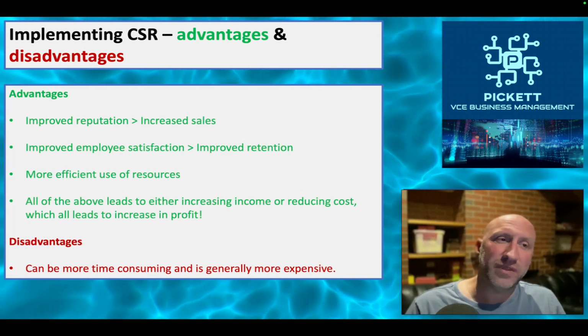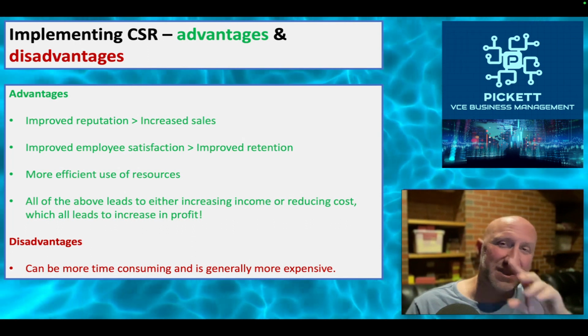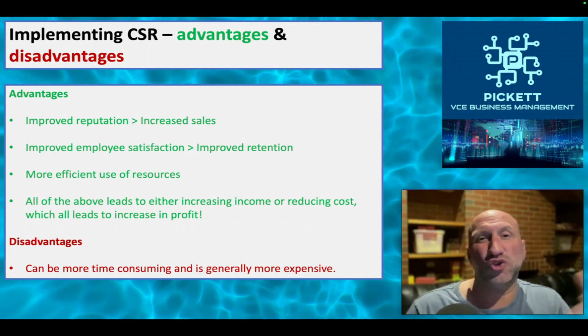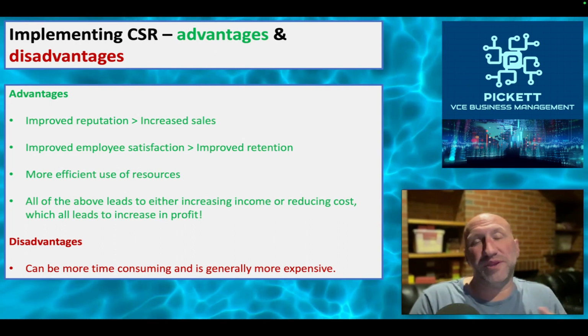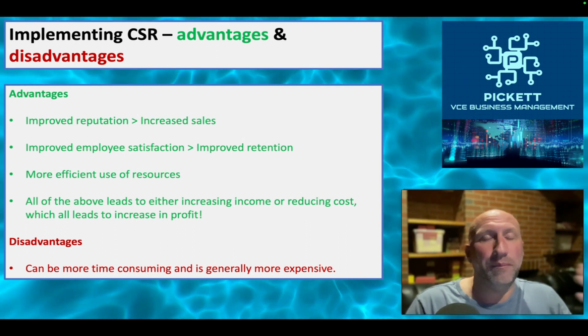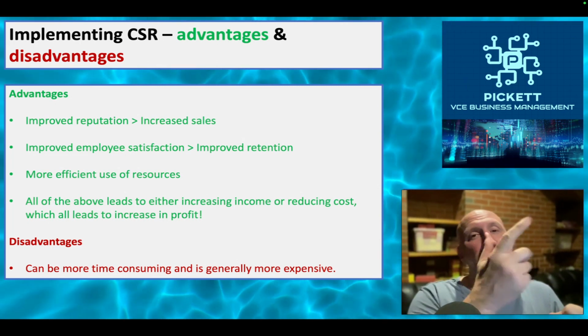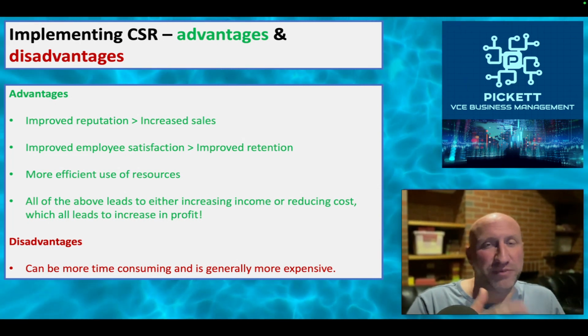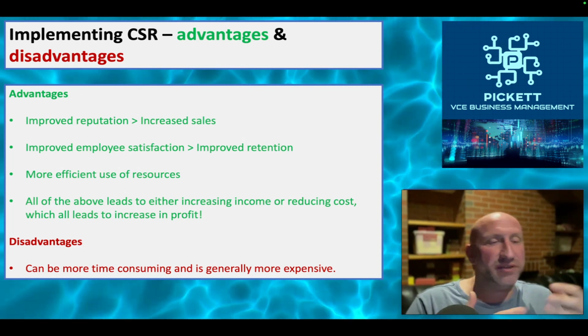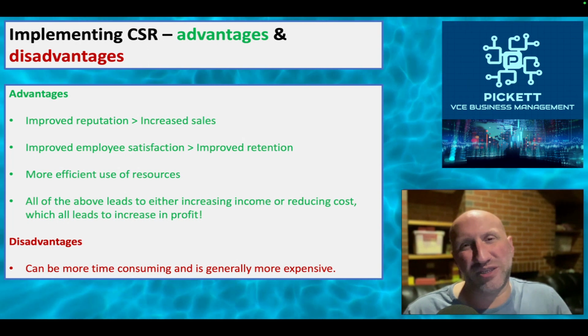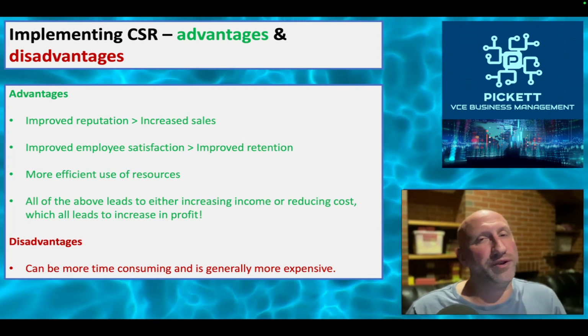Having said that, the way businesses see this is as an investment, because okay, it might be more expensive in the short run to implement these strategies, but because of these advantages that we see here, in the long run, that investment pays back in the form of increased sales or reduced costs. So really, generally more expensive, probably more in the short run, I would say.